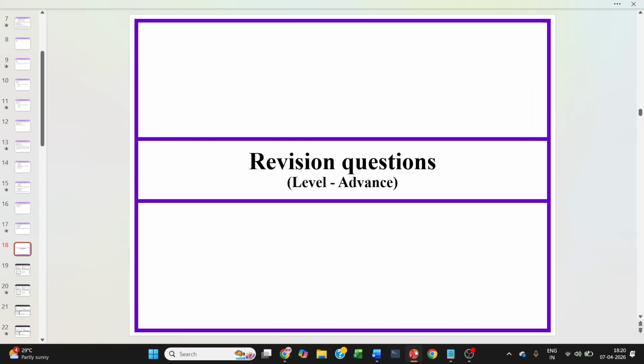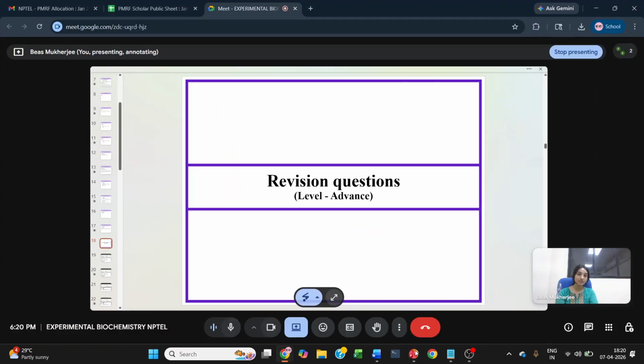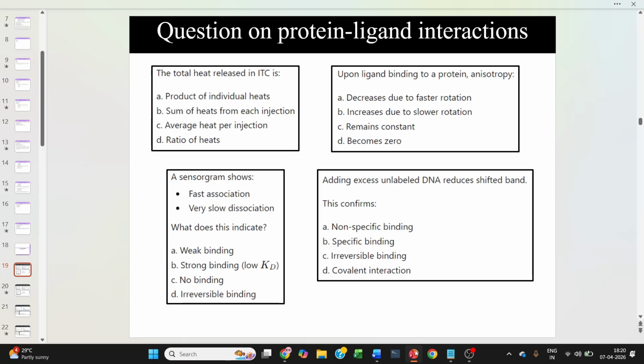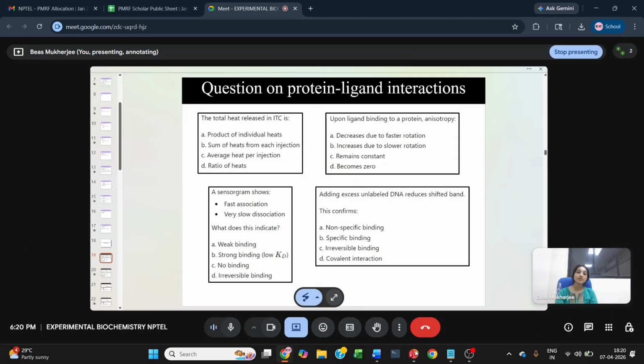Okay. Now, revision questions, advanced level. So these are questions from our previous class, that is week 11, protein ligand interactions. The total heat released in ITC is the product of individual heats, the sum of the heats from each injection, the average of heat per injection, or the ratio of the heats.